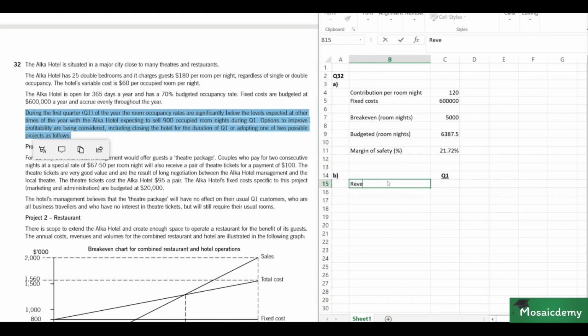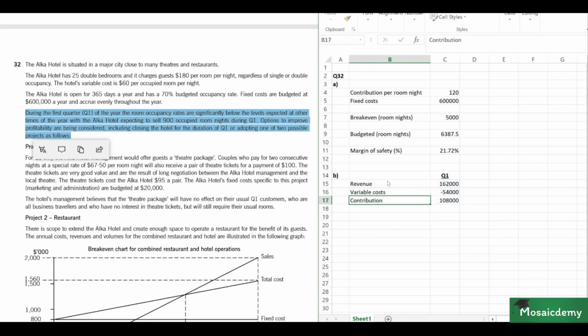Revenue is going to be, so there's 900 rooms into the 180 per room night. Okay, the variable costs are going to be 900 into the minus $60, which we've seen, right? Again, you could have simply done 900 into 180 minus 60 to get the contribution directly. You would not lose any marks, up to you, right?